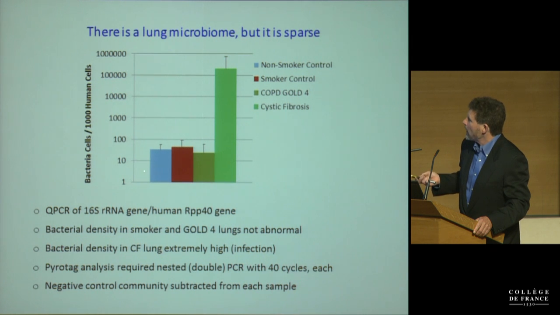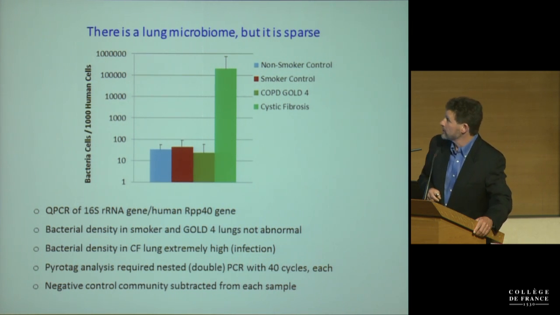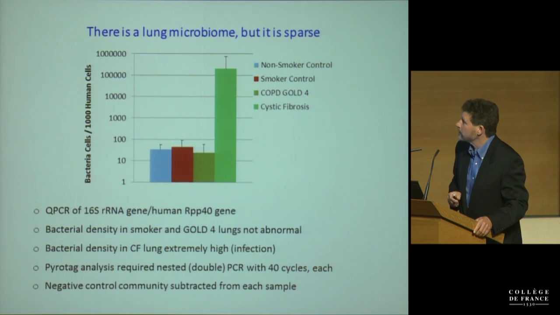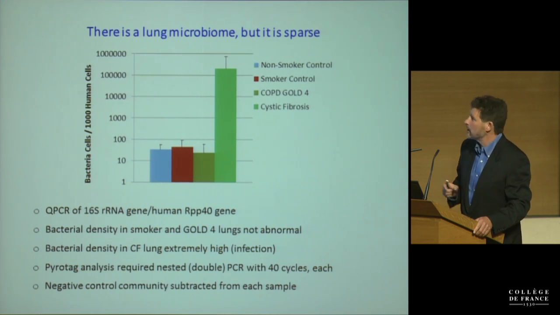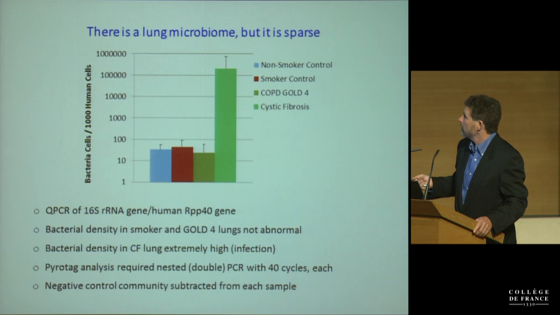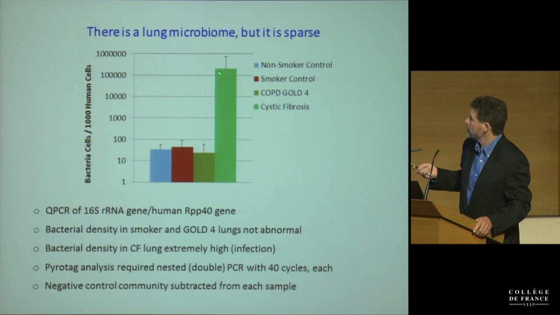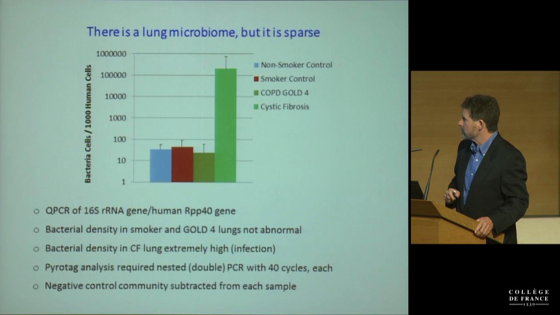What we found were levels of less than one bacterial cell for every 10 human cells. So a very, very sparse population. You can see that the density is similar in the controls, non-smokers and smokers, as well as the GOLD 4 lungs. And then, as we expected, we had much, much higher levels of bacterial colonization in the cystic fibrosis lungs.